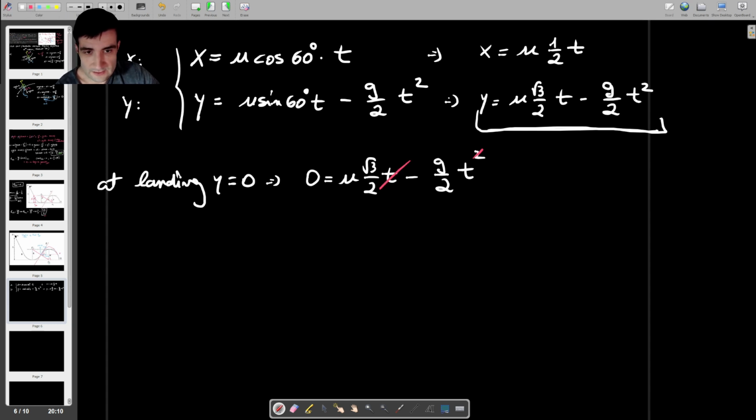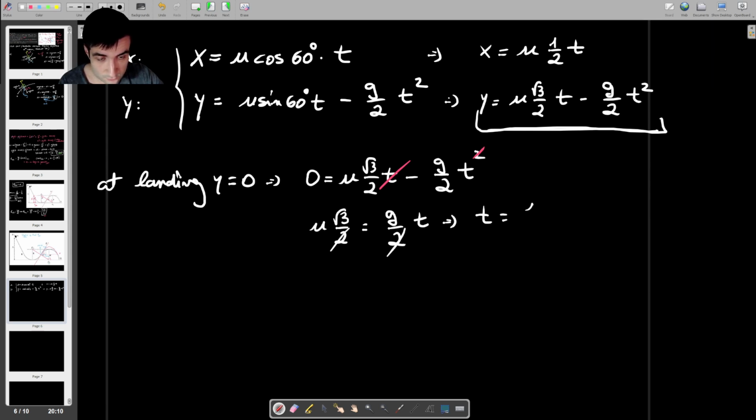I'm going to remove a t because I'm not looking at the initial time. So I know this eliminates a solution, but I don't care about that initial solution. So I have u root 3 over 2 is g over 2 t. So we can therefore say that time is equal to u divided by g multiplied by root 3.